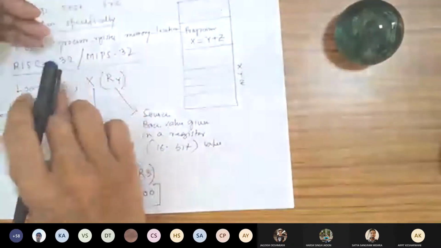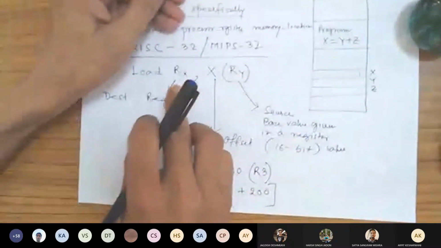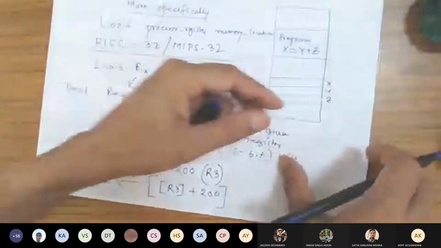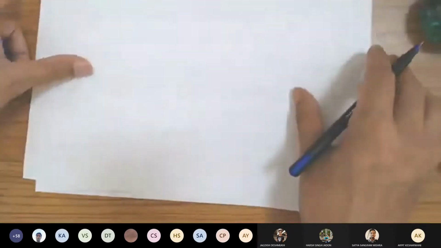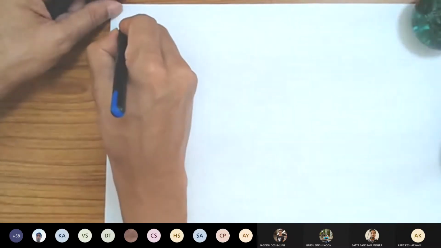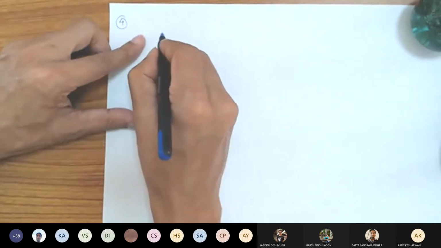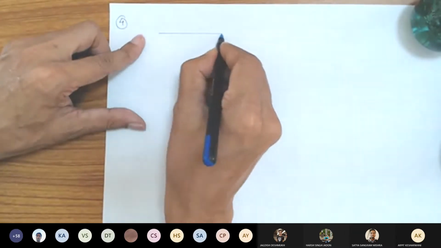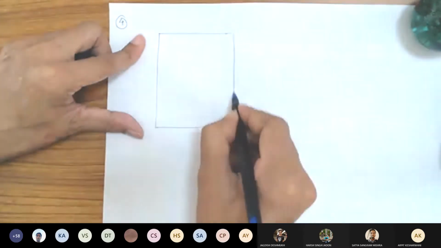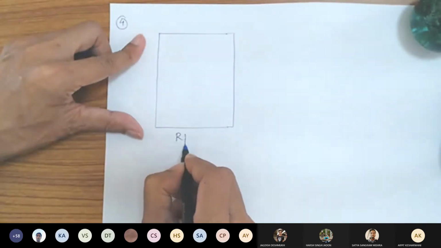So for this particular instruction, if I write down the configuration, it looks like this. I have the register file here, RF.